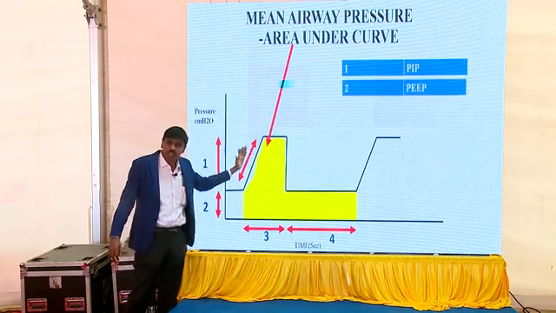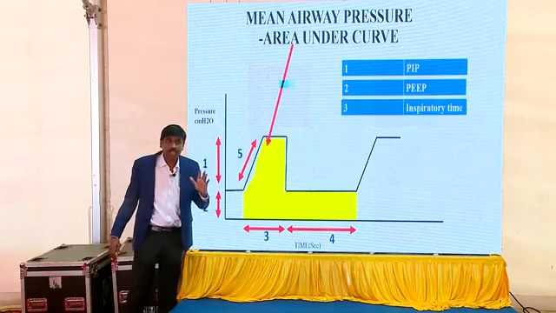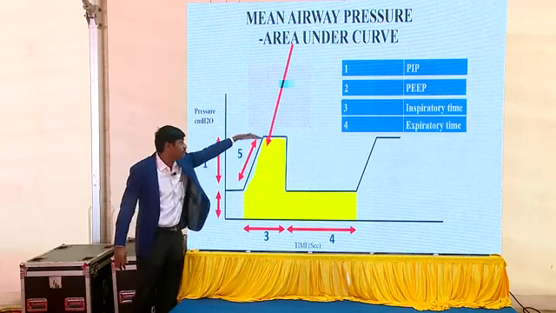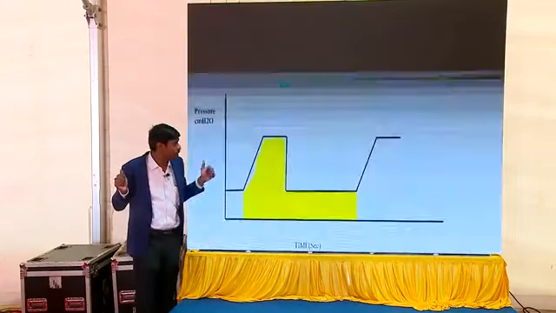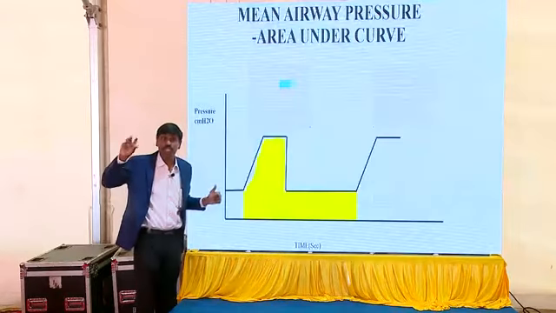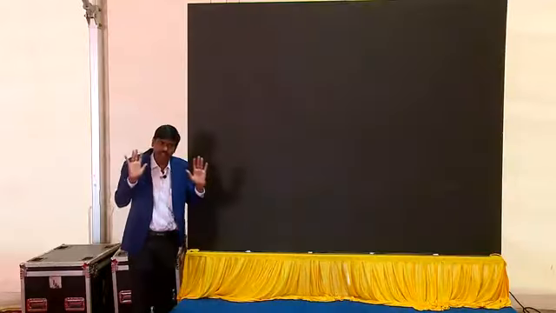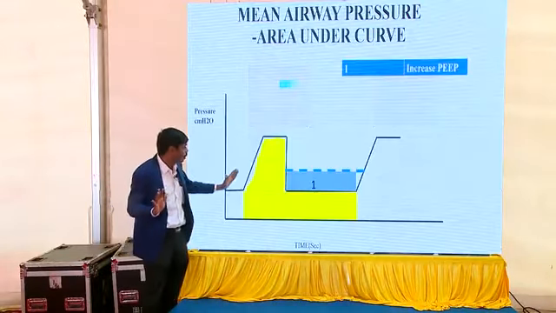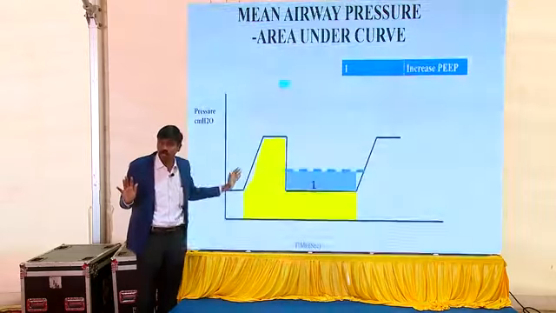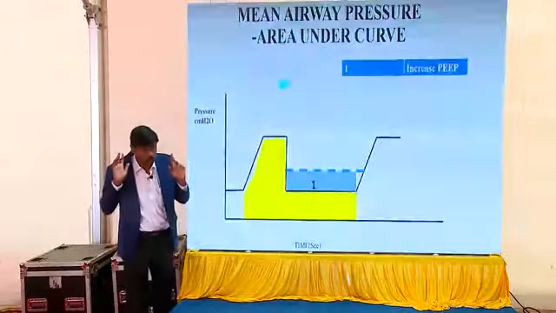Now 5 here is actually dependent on the flow. If I want to achieve this peak inspiratory pressure very quickly, then you can increase the flow. But for starters, don't touch the flow at all. Just leave it at 8 to 10 to start with. Because you tend to achieve oxygenation with an earlier peak inspiratory pressure, but that's going to be more traumatic to the lungs.